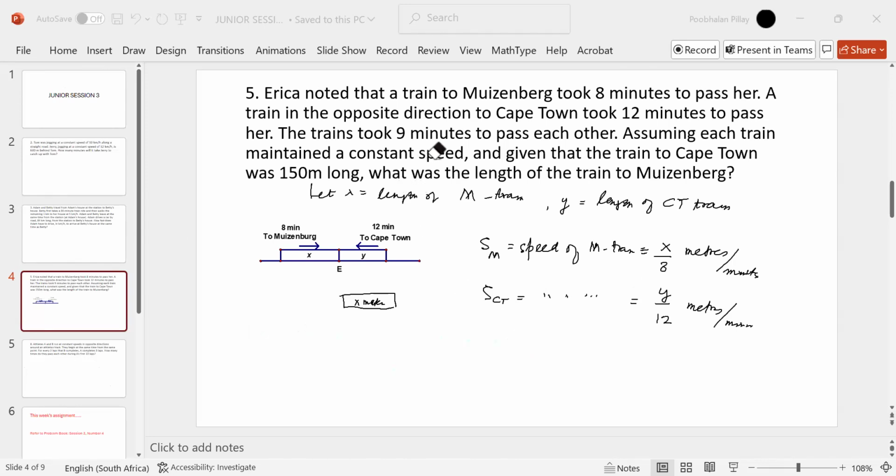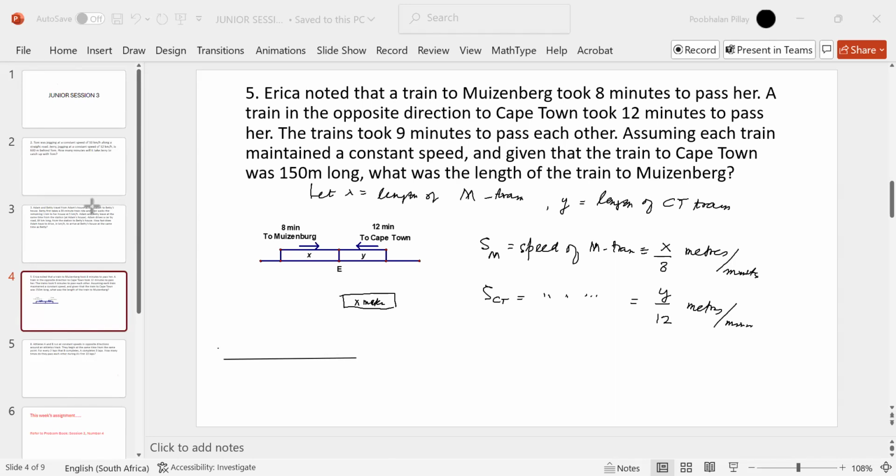Now the trains took 9 minutes to pass each other. Okay, now this is an interesting thing. What do you mean by passing each other?